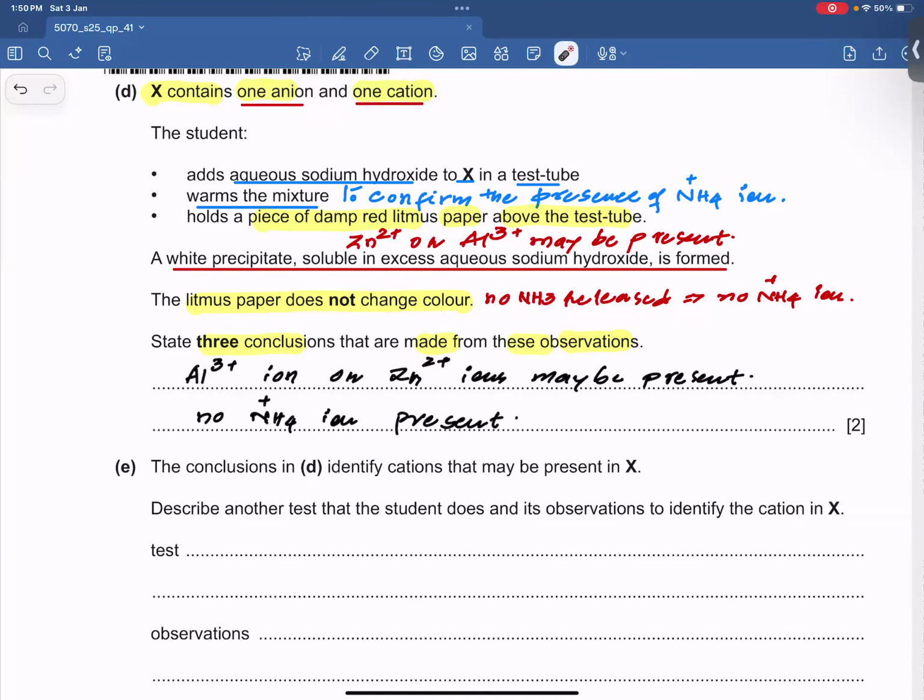So when we add NaOH and we heat the mixture gently, and there is no litmus change observed, then it means no ammonia gas is released because there are no ammonium ions in this solution or in this salt.